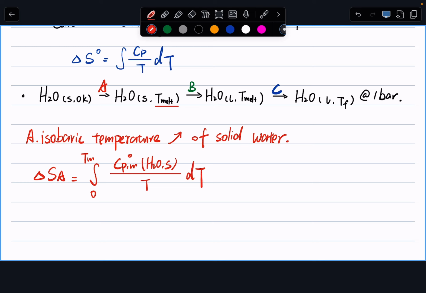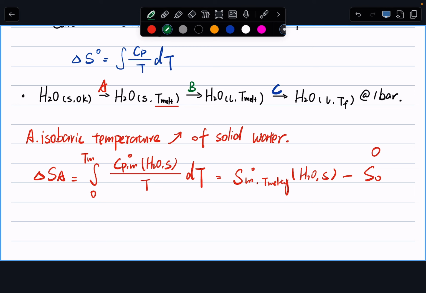Or, for the specific process A, delta SA is also defined as the molar entropy of your solid water at T melting, H2O solid, minus your S0, which is 0. So product minus reactant for your process A.